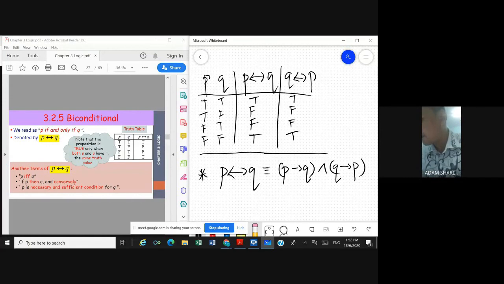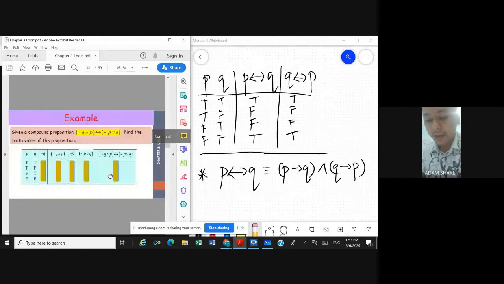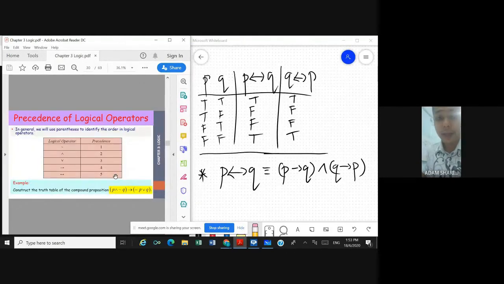Later we will try to prove this, maybe in the next lecture. We proceed. We've tried to develop our first truth table. Okay, we only do a few examples today. For example, like this one.